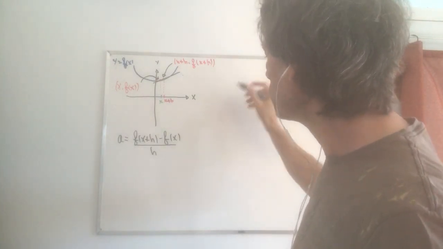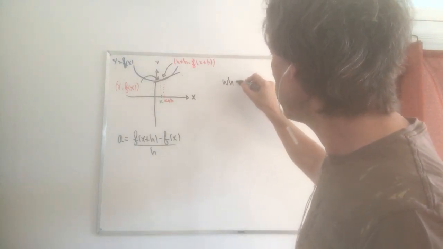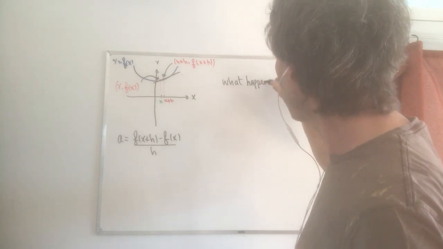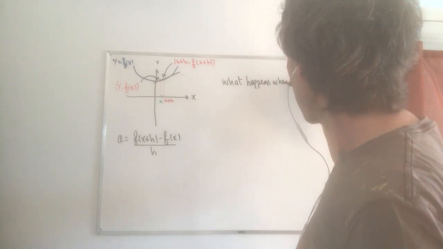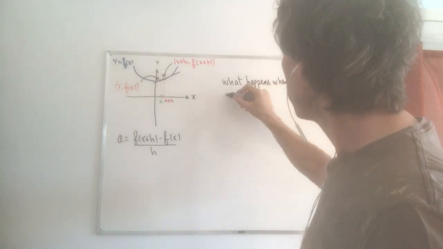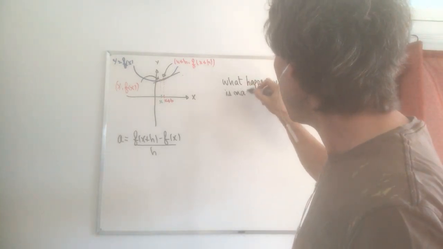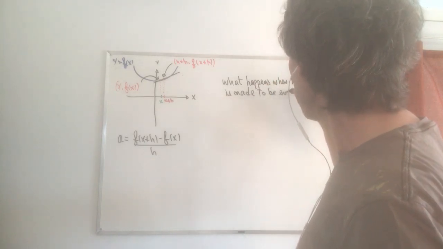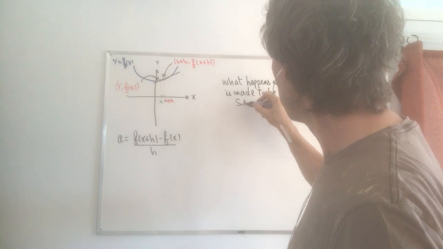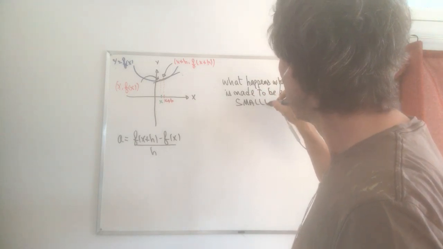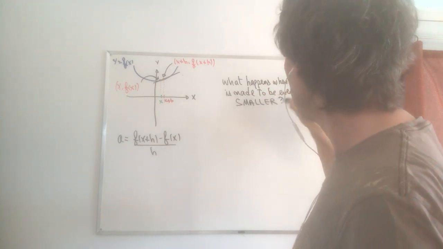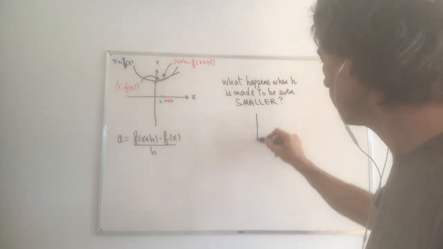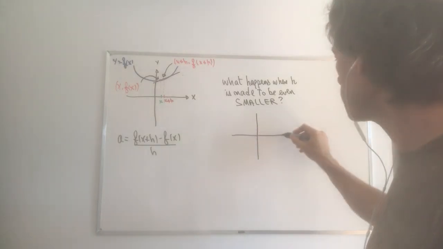Now what happens when h is made to be even smaller? By even smaller, I mean almost 0. Well, take a look at that. Here's the same graph.